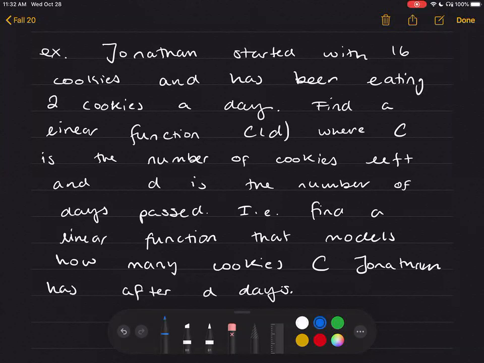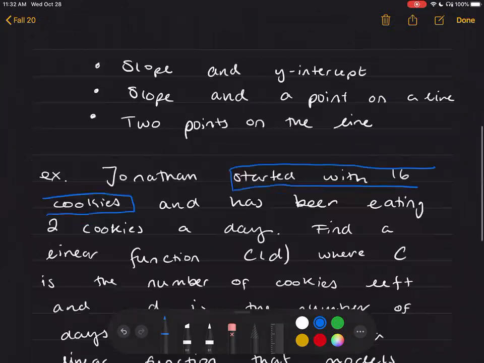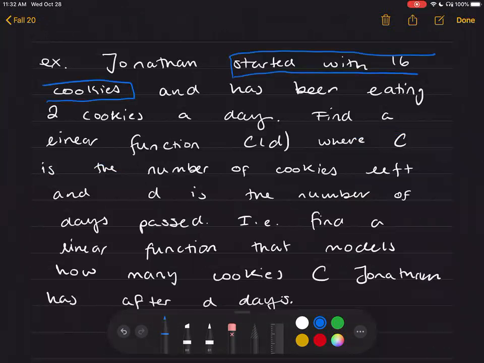First of all, we have started with 16 cookies. So we have a started with value. And if you remember from up here, that's going to correspond to a y-intercept, right? Starting value. And then we also have this eating 2 cookies a day. So we have this sort of rate.